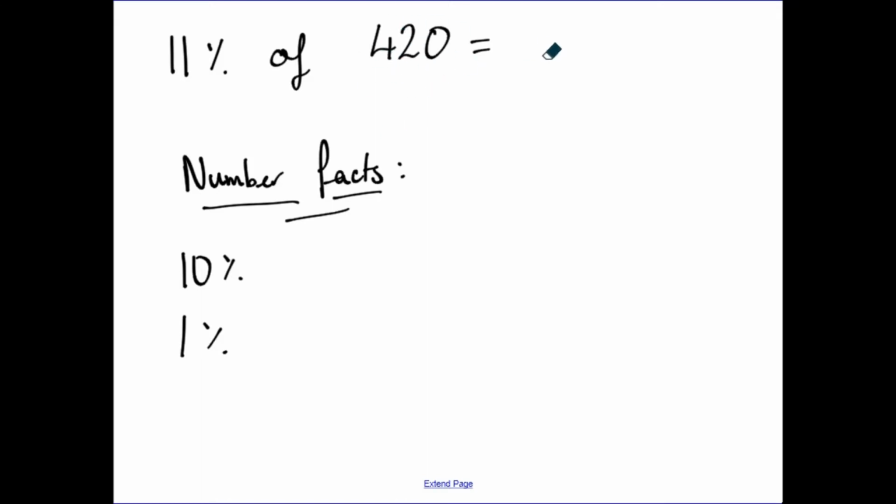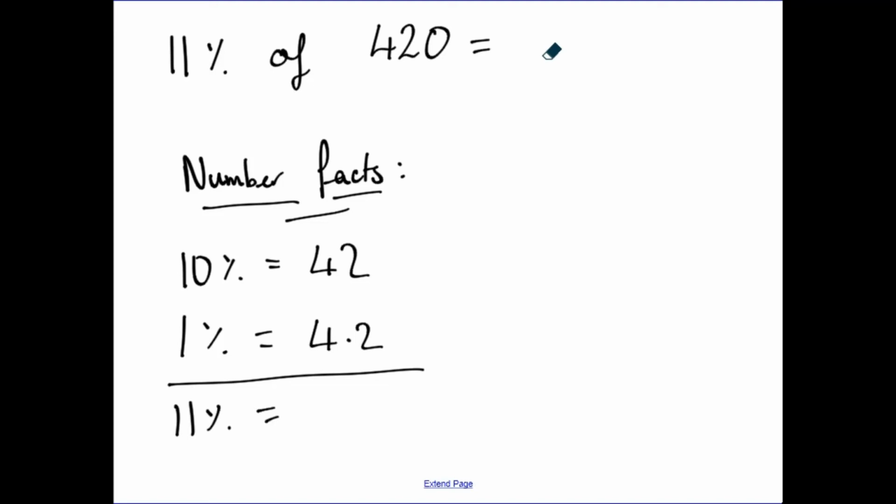Well, 10% of 420 is 42. 1% would be 4.2. So therefore, 11%, if you were adding them together, because 10% plus 1% is 11%, would be 42 plus 4.2, which would be 46.2. So you could use your number facts for these ones if you wanted to. Okay, the choice is absolutely yours.